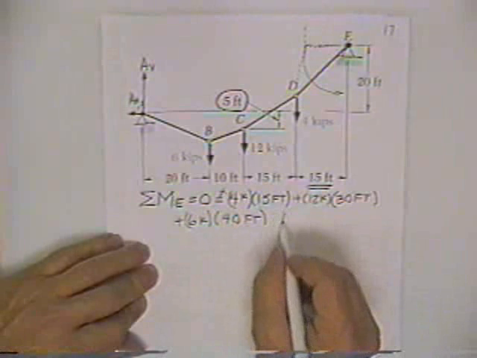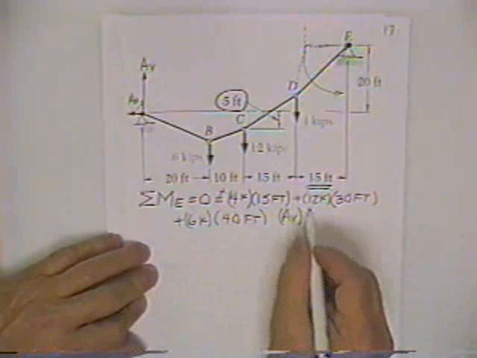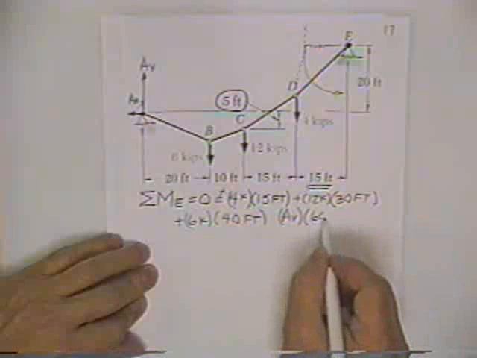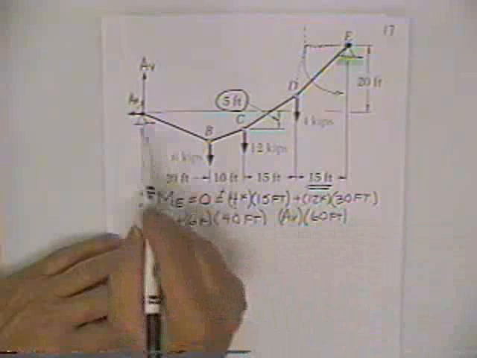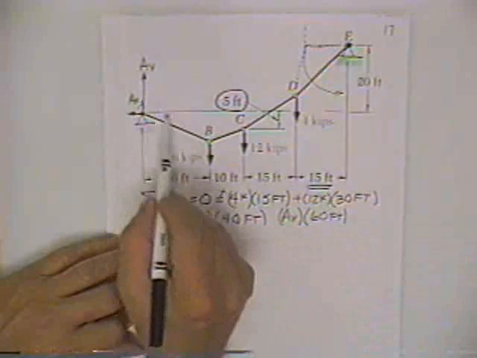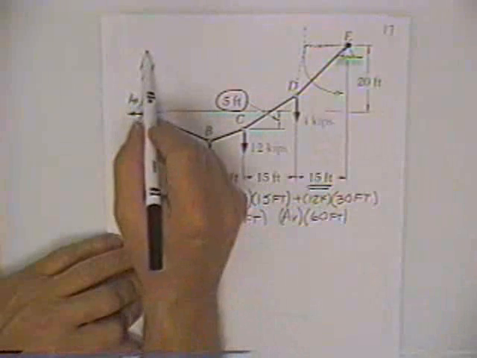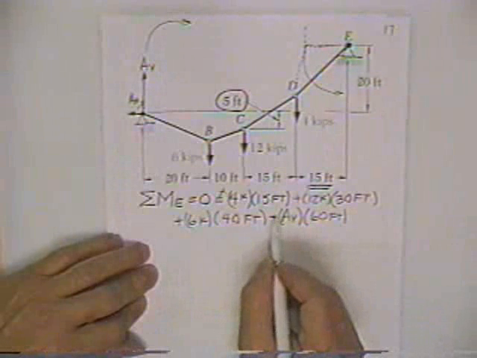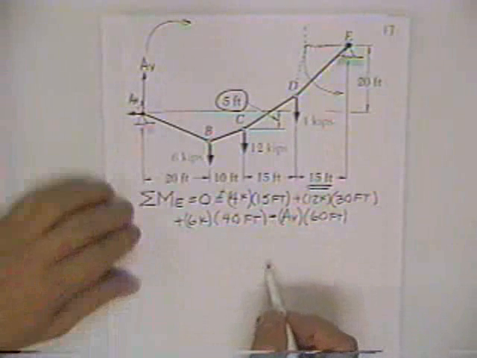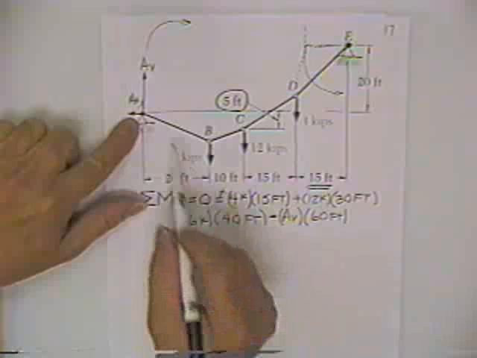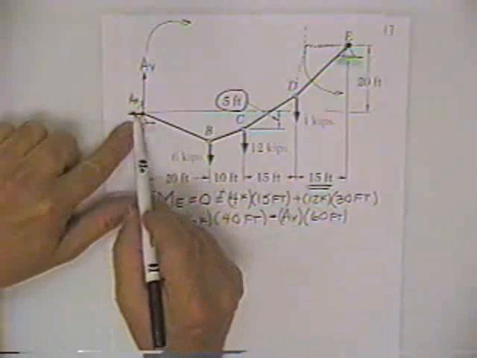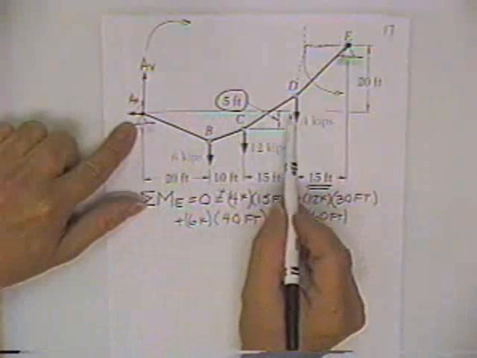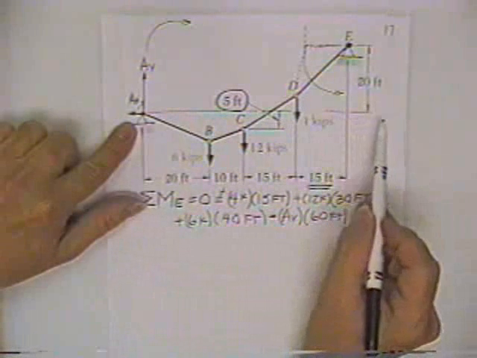Next, there is an A vertical force, and he is 10, 20, 30, 40, 50, 60 feet away. And as you notice, if he were to get away from you, tied to a string, he would tend to start rolling this way, and therefore he has a negative tendency to roll. And then finally is this A horizontal force. Again, follow the A horizontal force until it gets as close to the point you're summing moments about as it's ever going to get. That's too far.